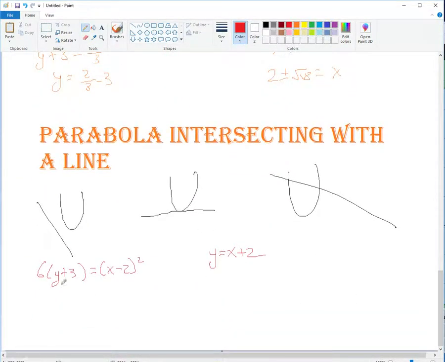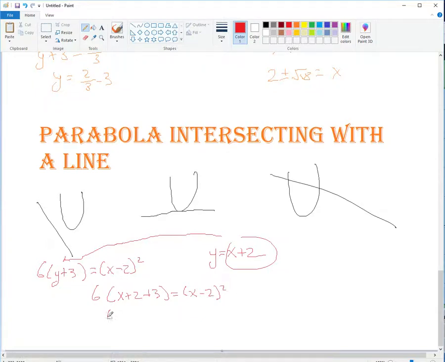Well, we simply take this, we plug it into here. So we take this answer and put it in for y, substitution. So we have 6 times (x plus 2) plus 3 is equal to (x minus 2) squared. So then we solve that out.